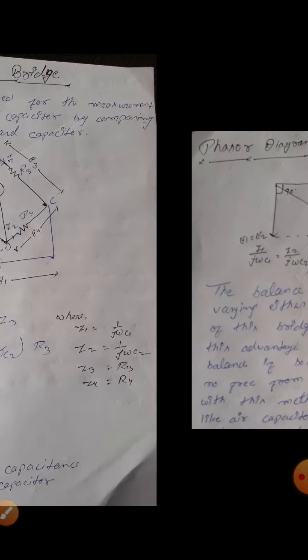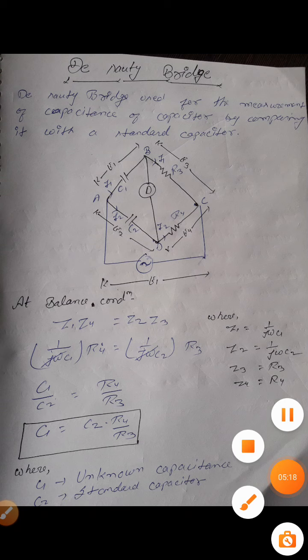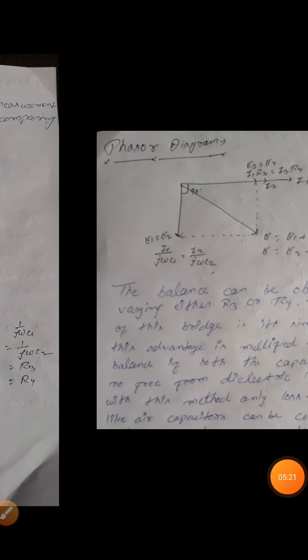In branch AD, the potential difference E2 is equal to I1 upon j omega C2. When there is no potential difference between B and D, E1 equal to E3.